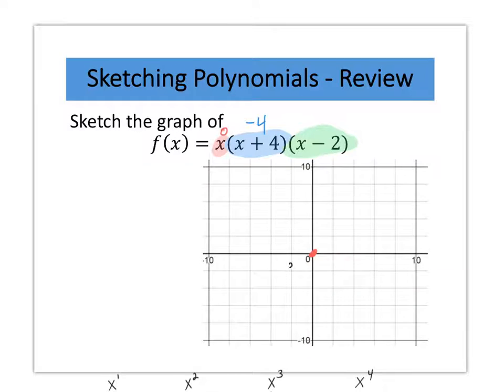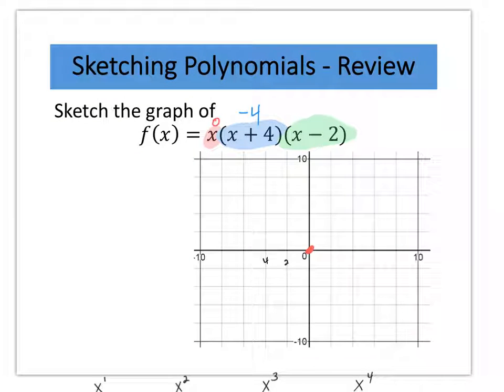I just want you to notice that these are 2, 4, 6, negative 2, negative 4, negative 6, negative 8. So when I graph negative 4, we go there. We can even go 2, 4, 6, 8, 10. And when I look at this green piece up here, I see that 2 minus 2 is going to make that 0.